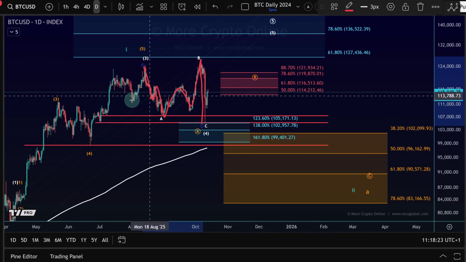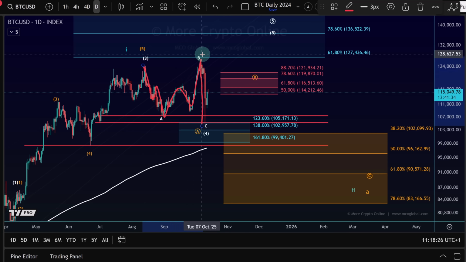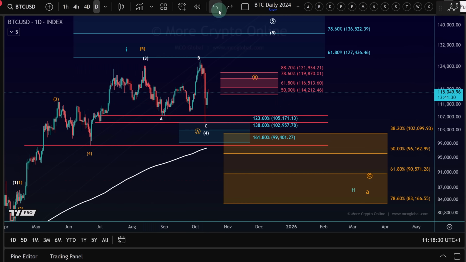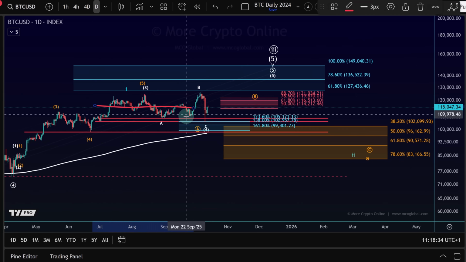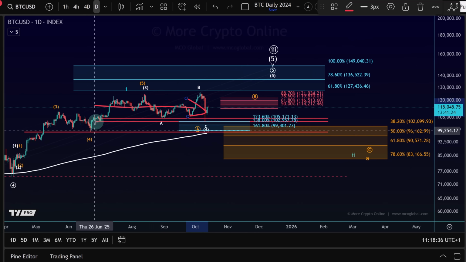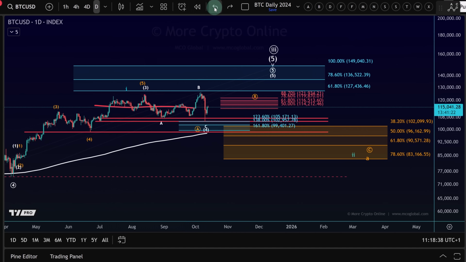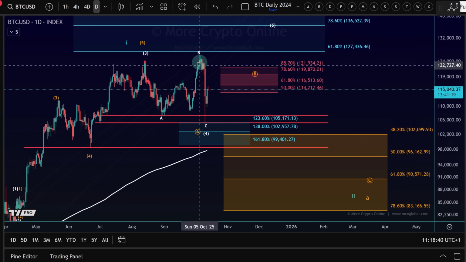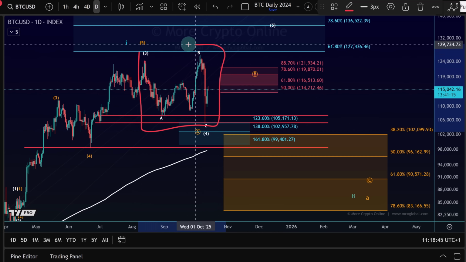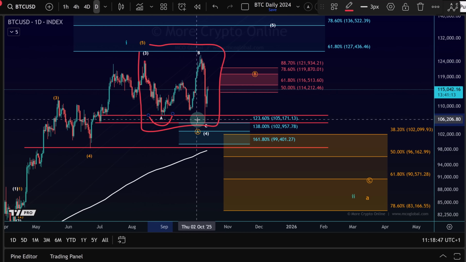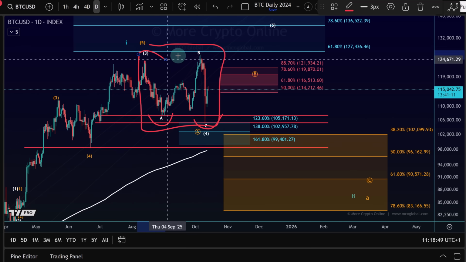A so-called sideways correction, I'd ask, okay, but that was not sideways. No, it wasn't. But the overall appearance of what happened there is more sideways, right? So we don't call this a sharp correction, because this was, but not the whole pattern, because the lows are at a very similar level, and the highs are at a very similar level.